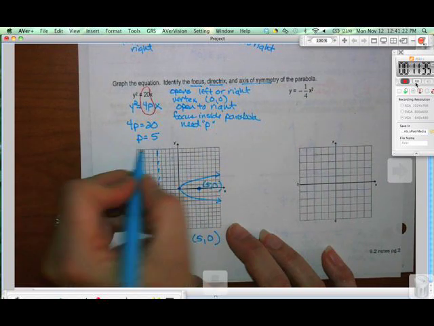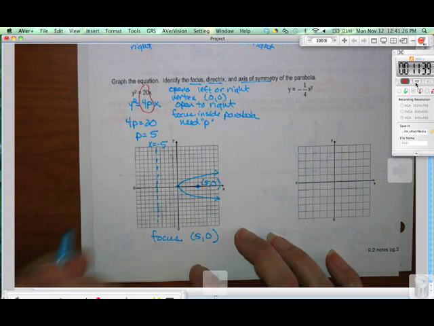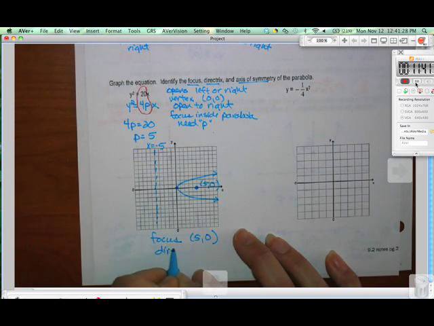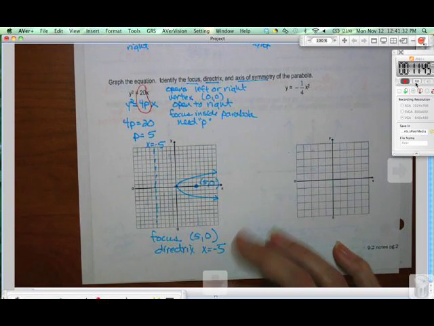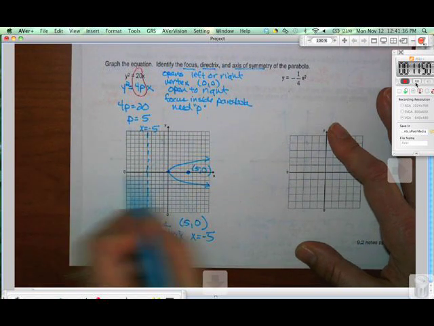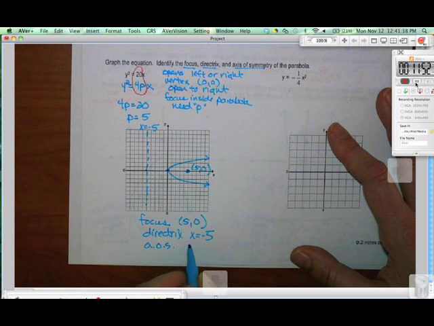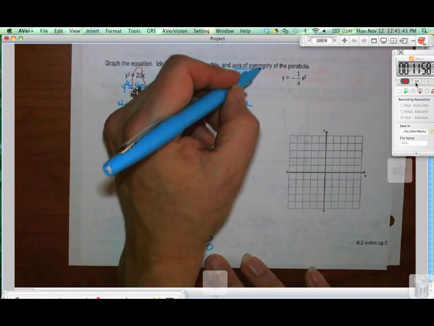So my directrix is x equals negative 5. And then my axis of symmetry is simply the x-axis, which is going to be the equation y equals 0. So you've done what they've asked. Not too bad. Let's do another one.